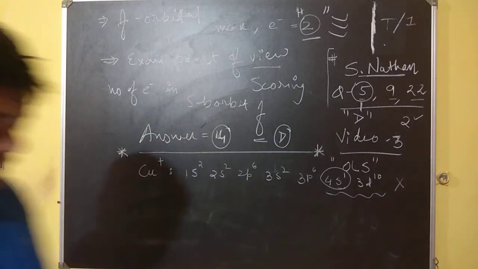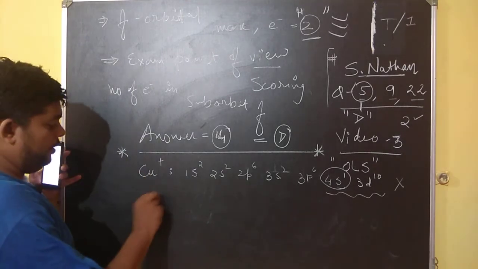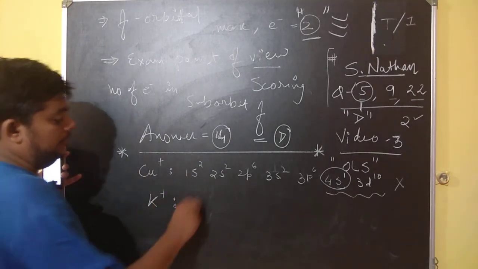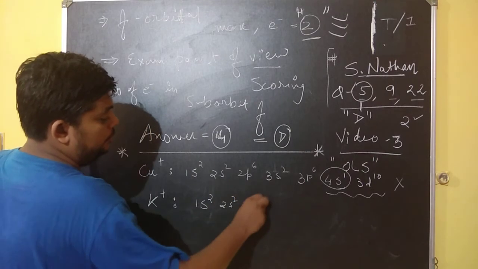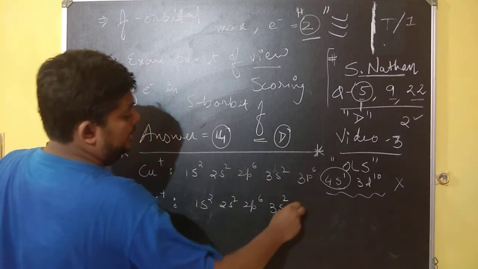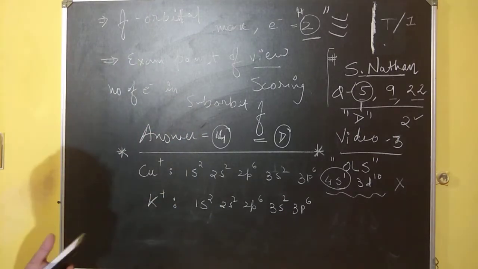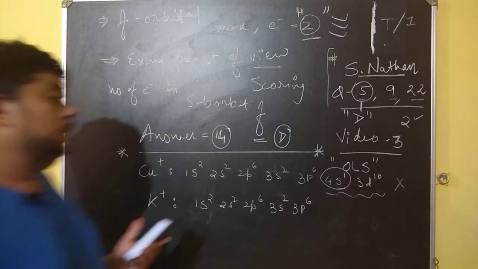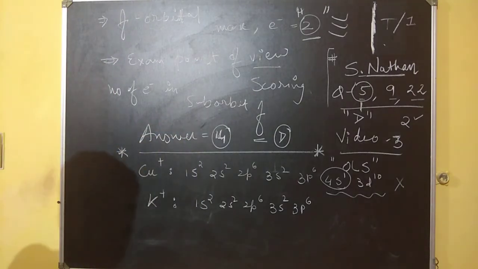Okay. Coming to the second option, it is potassium plus. So when I have K plus, it is very clear, 1s2, 2s2, 2p6, 3s2, 3p6 would be potassium plus, so 1 would be removed from 4s, and therefore we will end like this.